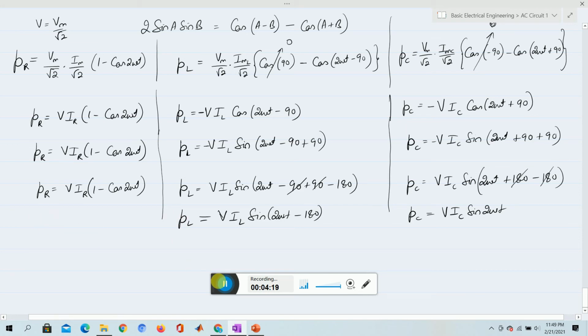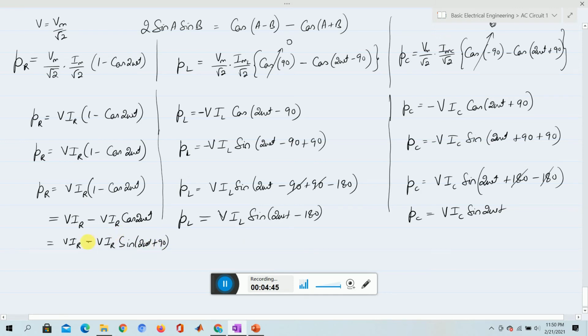So we can think of this as equal to VIR, a fixed quantity, minus VIR cos of 2 omega t. If you want to split that also, you can. Instead of this cos, you can have 2 omega t plus 90.